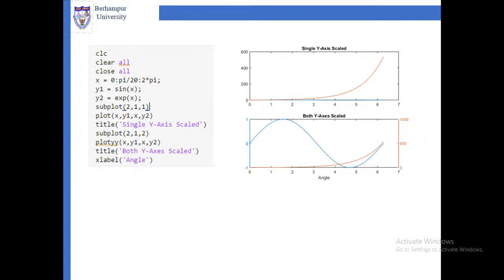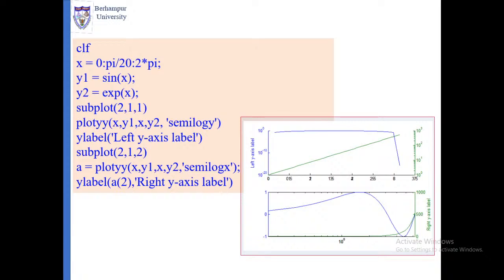You can see on these snapshots that the first one does not give you any information about the sine plot, whereas the second one clearly shows the sine plot, for which the axis is on the left hand side, and the exponential plot, for which the y axis is on the right hand side. Okay. And then you can see an example of clf. So that plot is clear.